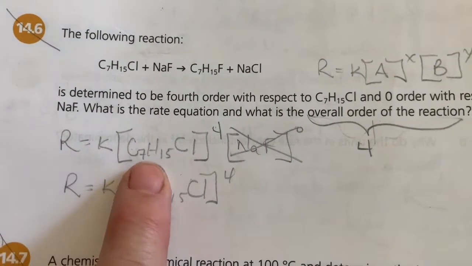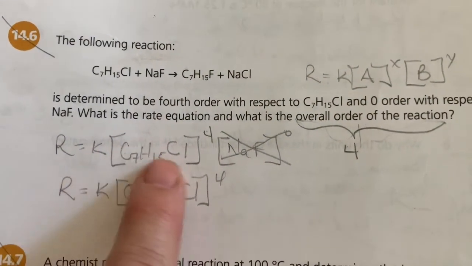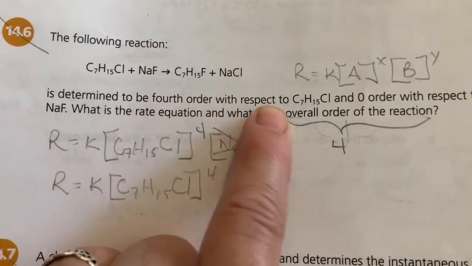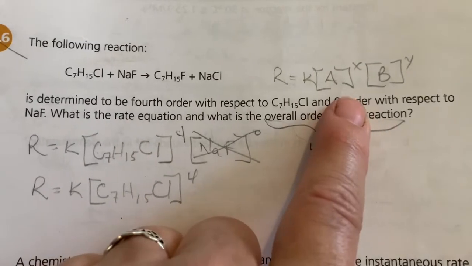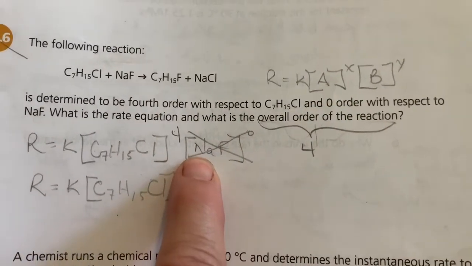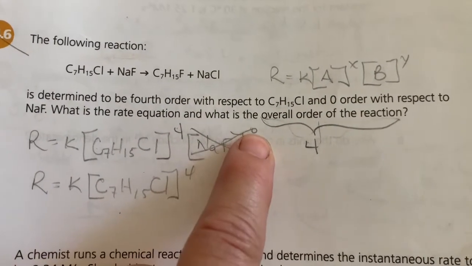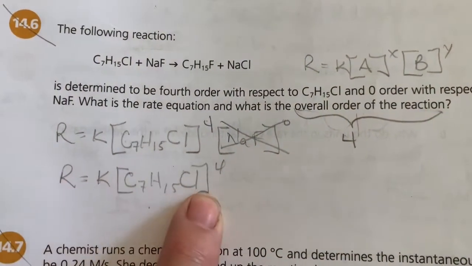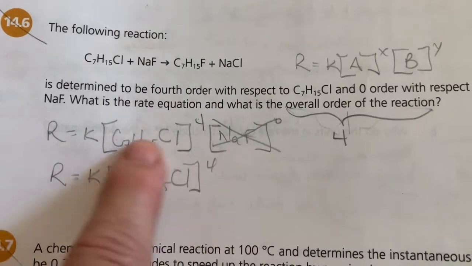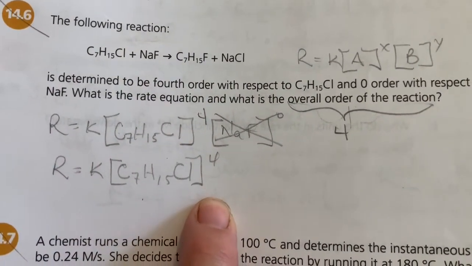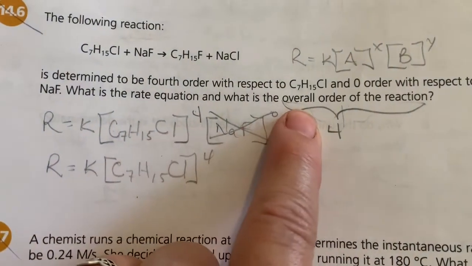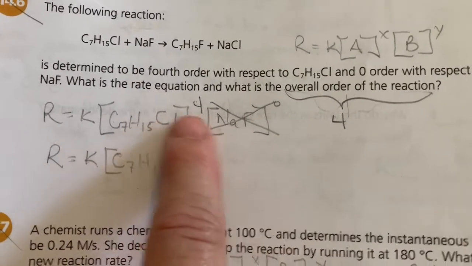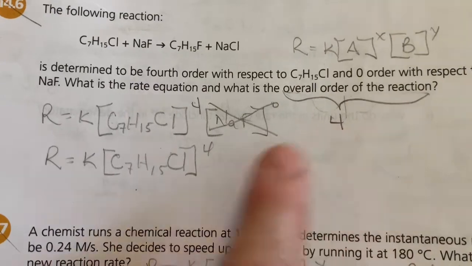R equals K. Here's my first one with a concentration, and we know it's the fourth order because it says fourth order with respect to that. And then it says 0 order with respect to NaF. I just have to cross it out because anything to the 0 order is 1. And so I finish it up and clean it up, and there's my rate equation there. And because the overall order is just whatever the exponent is, that's 4, so the overall order would be 4.